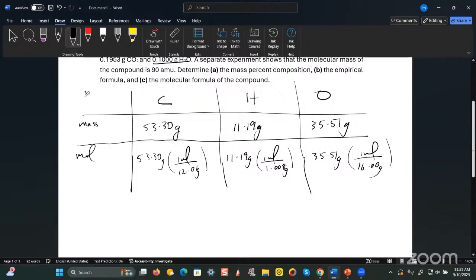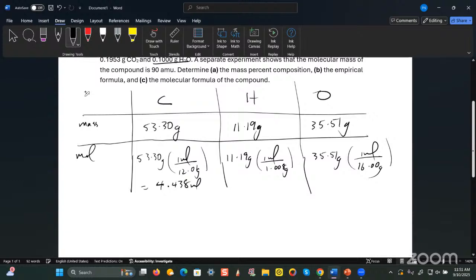All right? So let's work out each of these. 53.30 divided by 12.01 works out to be 4.438 moles.